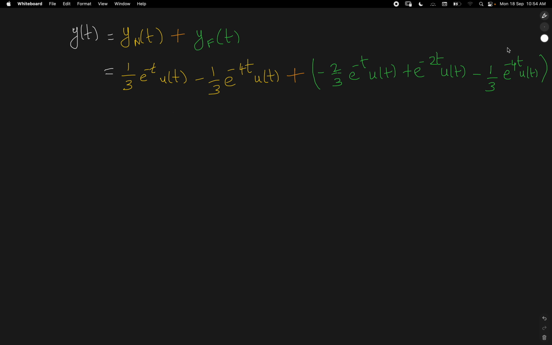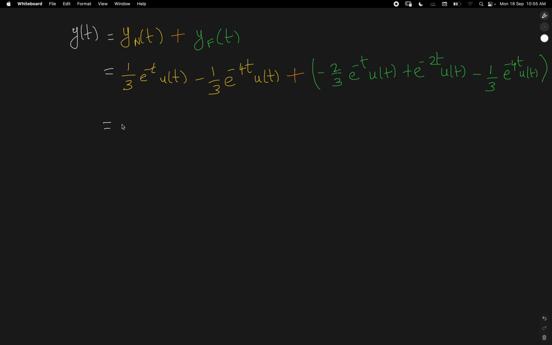As we discussed, the total response y(t) is the sum of the natural response and the forced response of the system. So I have listed the calculated natural response and the forced response, and we are going to simplify the sum, that is nothing but the total response of the system. First we will consider the e^(−t) u(t) term coefficient. Here it is 1/3 and here it is −2/3.